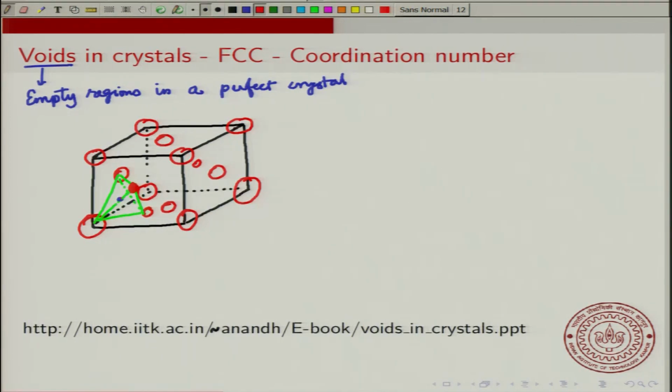This point in blue is equidistant from each of these 4 points, and this is referred to as a tetrahedral void. The coordination number of the void is 4. So this 4 is the coordination number of the void.